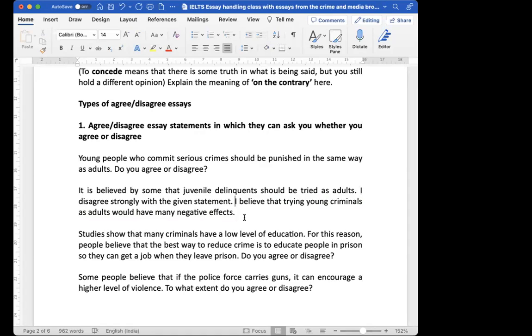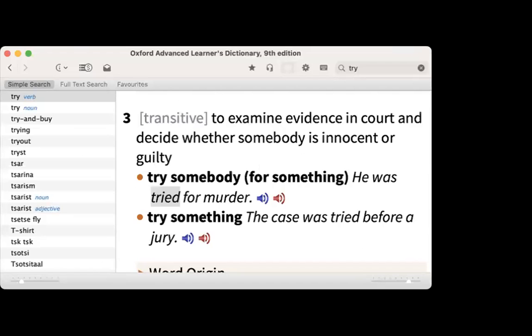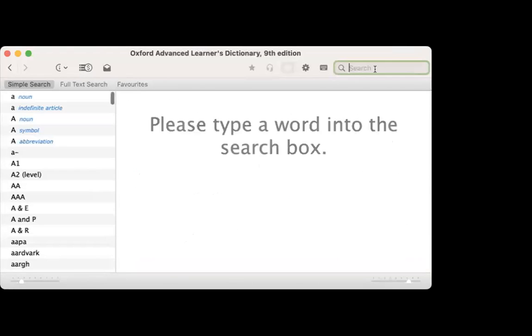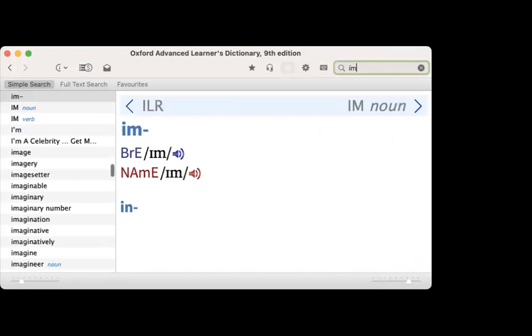Now there are some students who will write impending. Impending means aane wale. Will you like to write that word impending? Following paragraph is easy. See, impending is wrong.